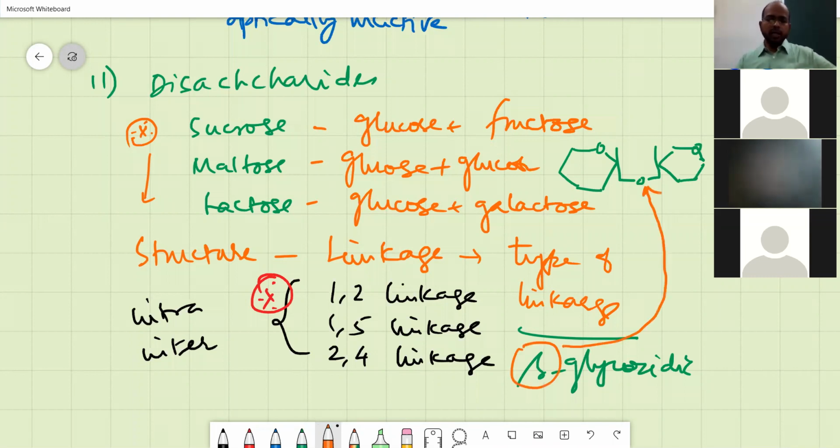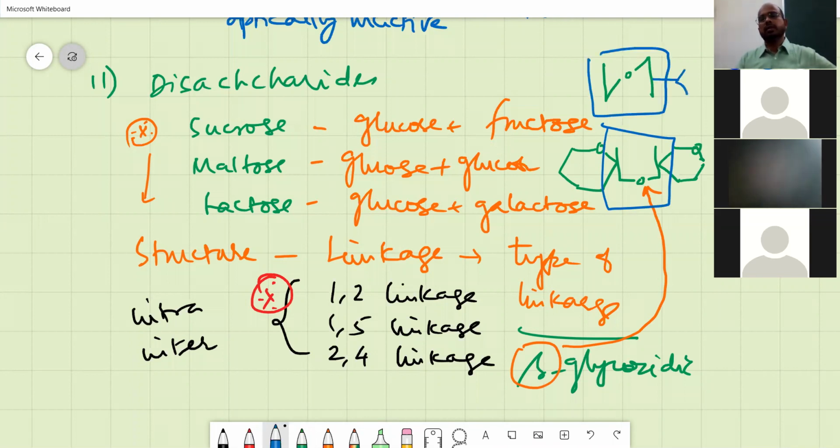While we have this, there is also an alpha glycosidic linkage, in which O goes like this. Here you will have that ring. So this beta type of linkage you have to mention, and you have to write all the hydrolysis. You have seen 2 types of acid formation. You have seen the reducing capacity of that. So hydrolysis gives these 2 things that you have to mention.